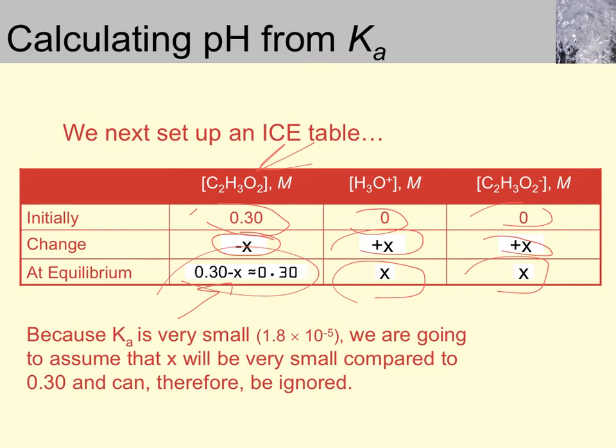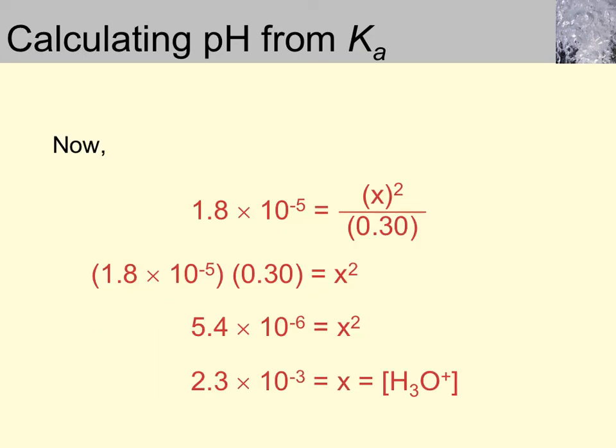Remember when it's okay to neglect x. That's when K is quite small, which it is here, and we're using the rule of thumb of 10 to the minus 4 or smaller, a more negative exponent. And since it is, we're going to go ahead and neglect this x. And then plug back into the equilibrium expression. This is what we get when we do so.